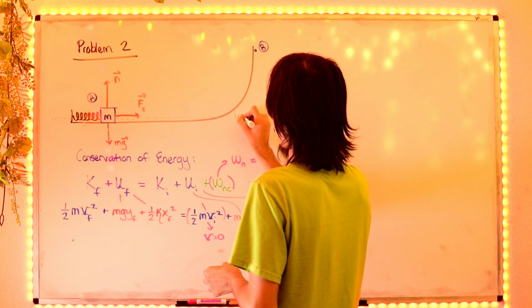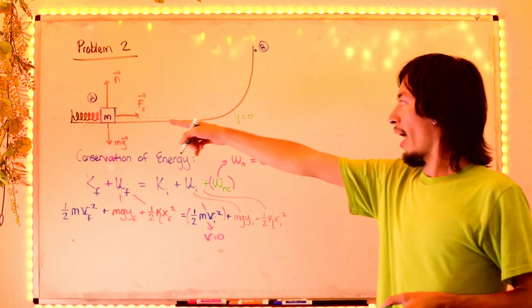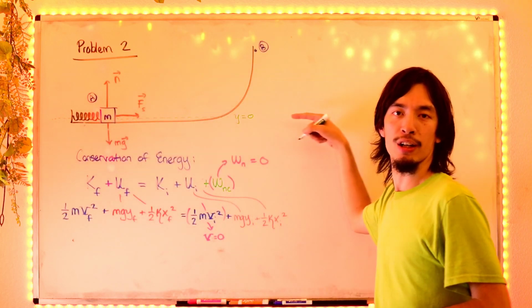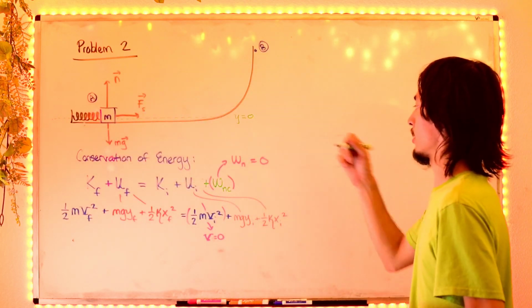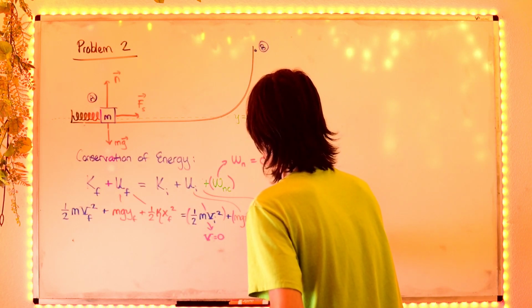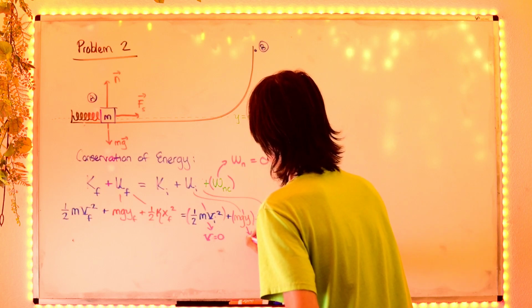So at this level, where y equals 0, we have no gravitational potential energy along that entire horizontal section. So I can cross out potential energy initial here, y equals 0.